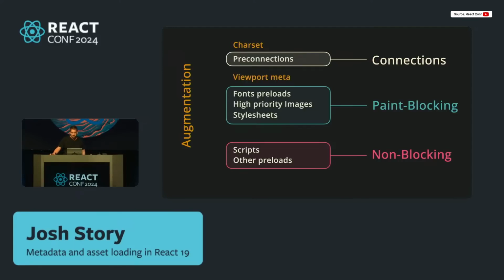And image preloads can be affected by viewport size. So React ensures that if you render a viewport meta tag, it always precedes any preloads so you never end up downloading the wrong size image. And finally, import maps affect ESM module resolution. So when you render an app with an import map, React makes sure it precedes scripts that might otherwise load incorrectly.